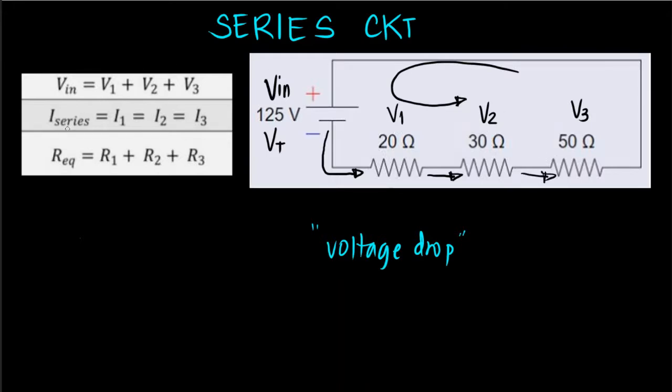That is why for series, the current is I1 equals I2 equals I3. And finally, our total resistance is R1 plus R2 plus R3. This is R1, R2, and R3.